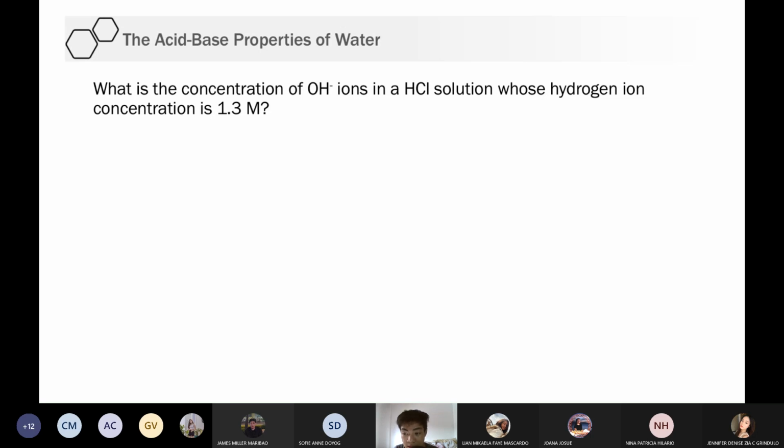This can be answered by the ion product of water, or the KW. Remember that KW is equal to the concentration of H plus times the concentration of OH minus. Diba? Pinagmumultiply yan to get the KW. And what's the KW? KW is 1 times 10 raised to negative 14 at 25 degrees Celsius.